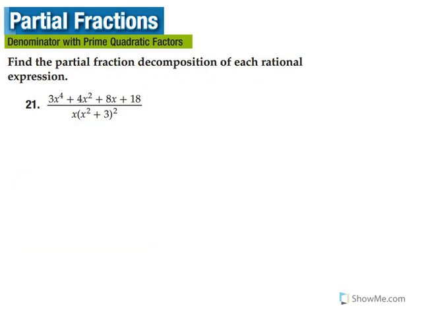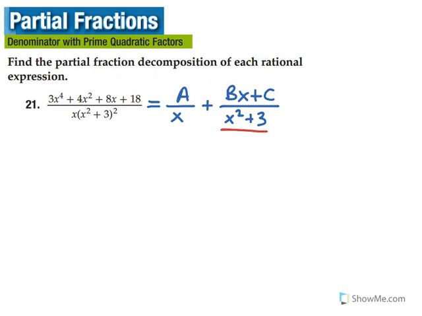Hence, as a partial fraction decomposition, we have x here, so we will write a over x, plus bx plus c as a numerator, divided by x squared plus 3, because the expression here is in second degree.